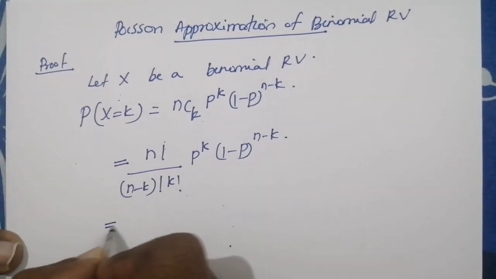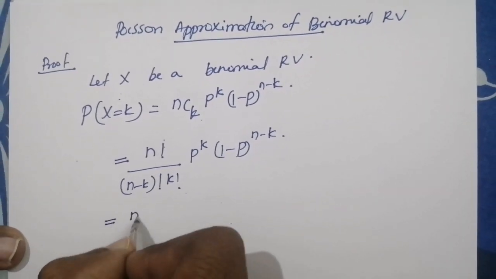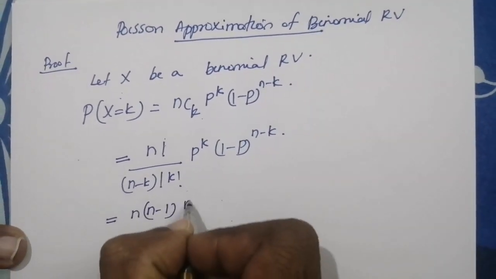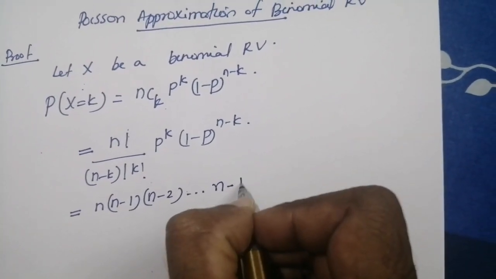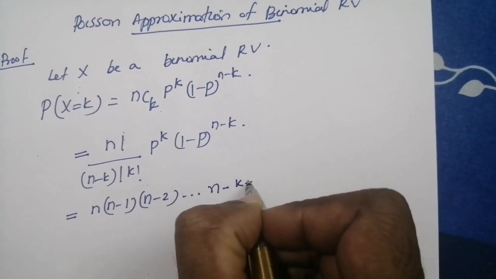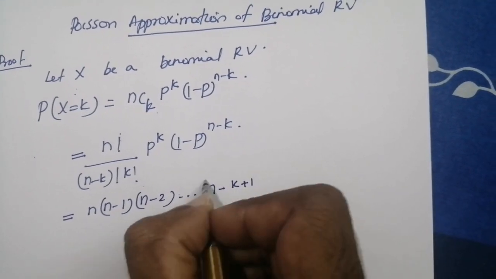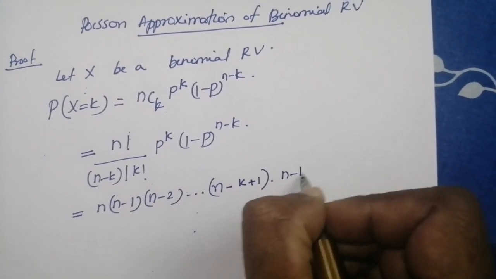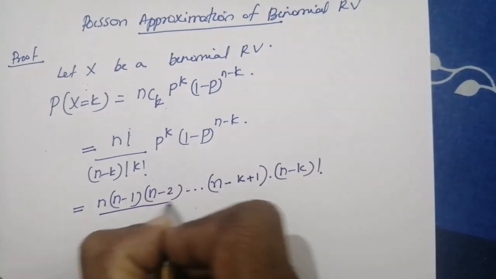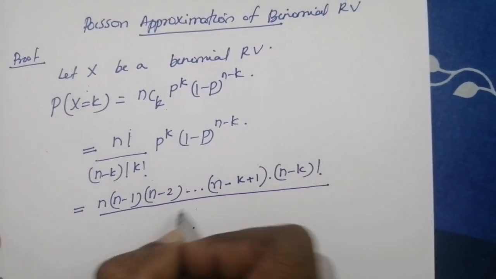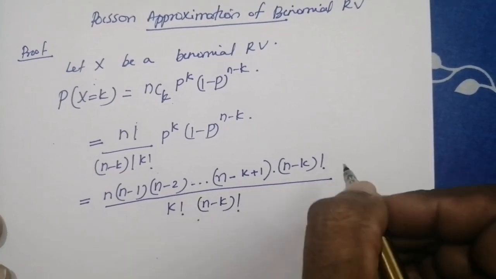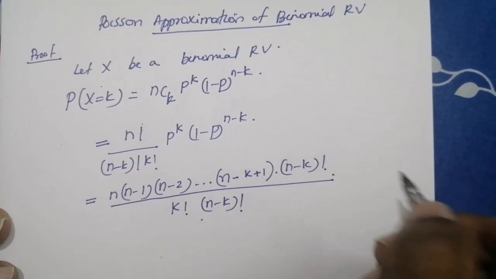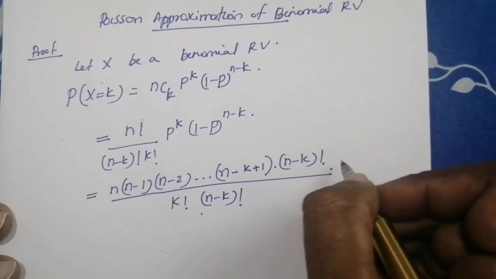Here n factorial can be written as n into n minus 1 into n minus 2 and so on, up to n minus k plus 1, into n minus k factorial, divided by k factorial into n minus k factorial, into p raised to k.